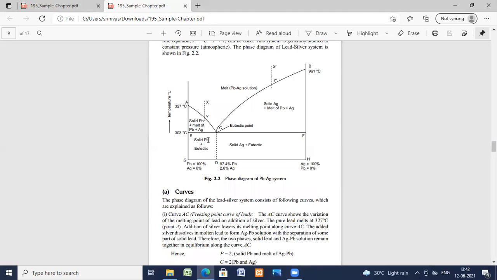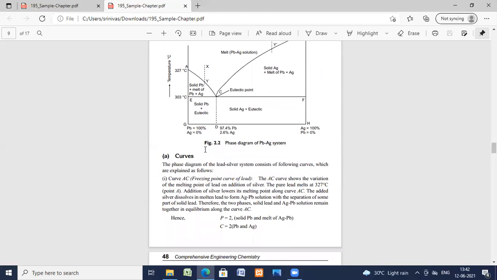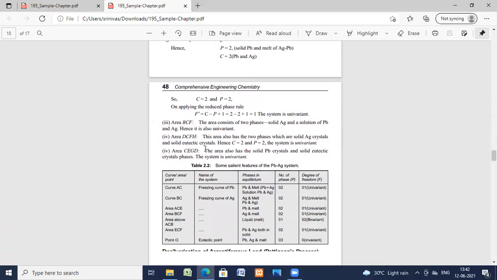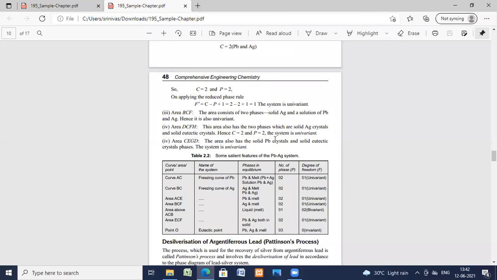CDGE. You're having solid lead plus eutectic crystals. Two phases, two components. The system is F is equal to C minus P plus 1. 2 minus 2 plus 1 is equal to 1. It is an invariant system. Sorry, it is a univariate system.